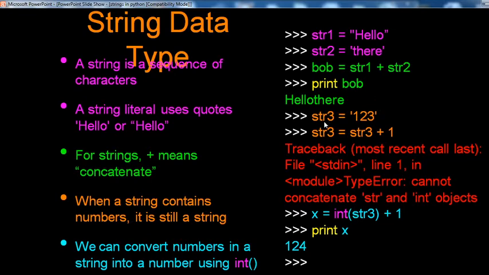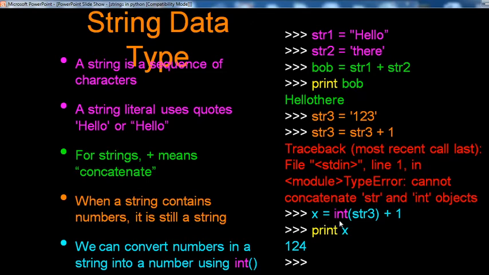Then again, jump to the third part. When a string contains numbers, it is still a string. If any string contains a number, it is also called a string. See here: str3 equals 123, and then str3 plus 1 shows an error. If you want to do this, you convert the number in the string into a number using int.